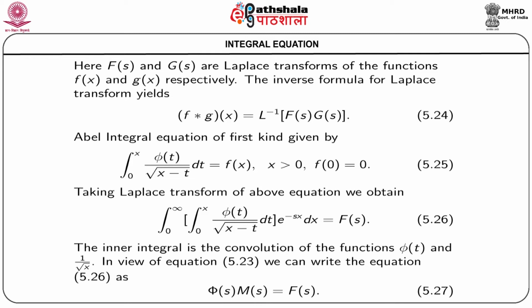Now we come to Abel integral equation in its simplest form, which is given by equation 5.25. Here the kernel is 1 by root over x minus t, and the range of integration is from 0 to x, and phi t is the unknown function, and f0 equal to 0.